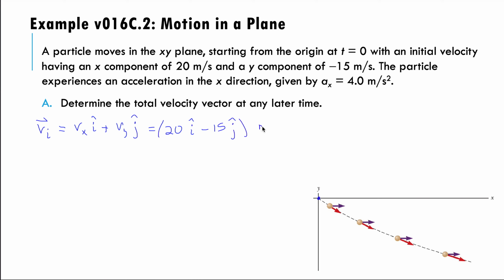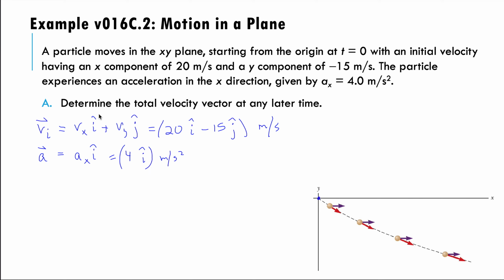I'll skip the units for now. And the acceleration vector is only in the x direction. It does not have a y component, so it's just ax i. So it's just 4 i hat meters per second squared.